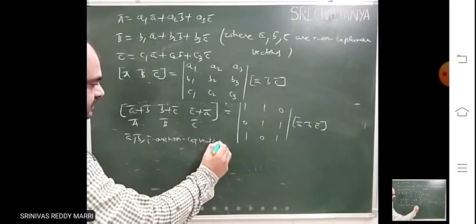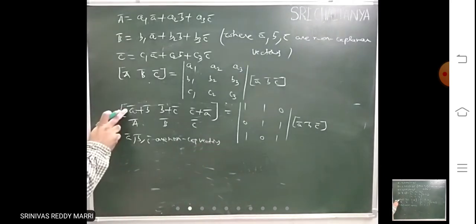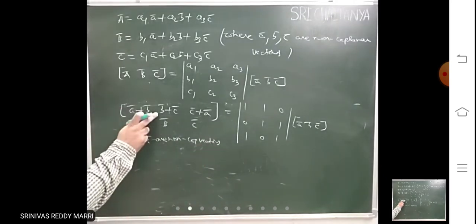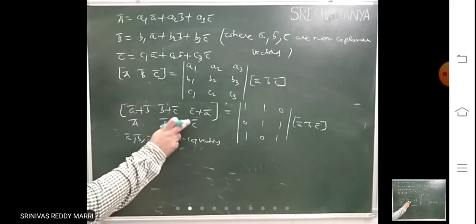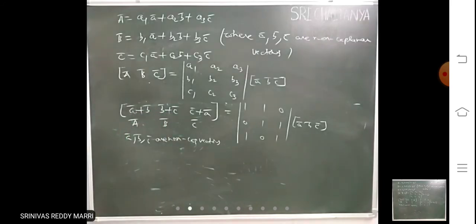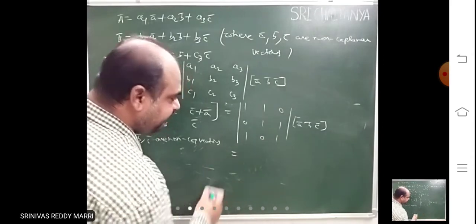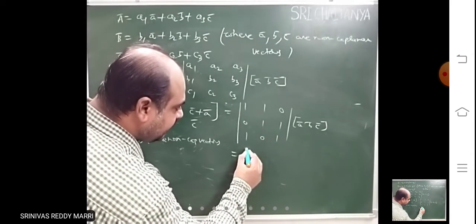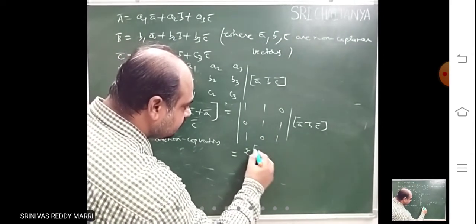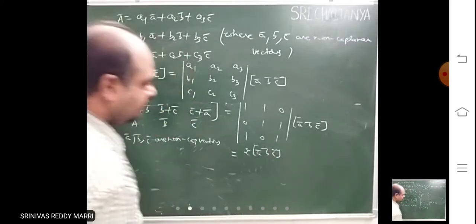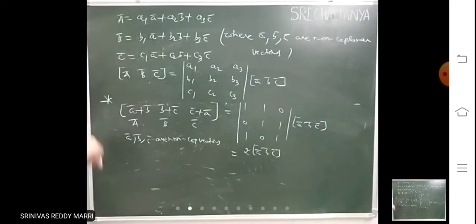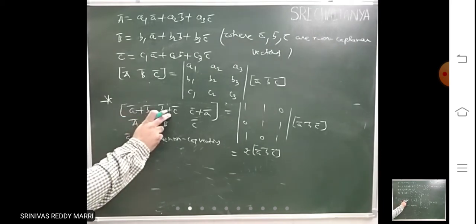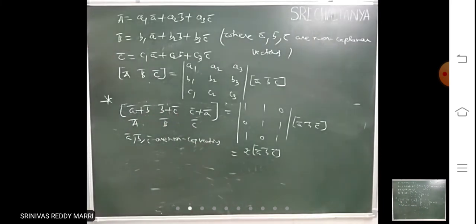That means each is expressed in A bar, B bar, C bar, so in that case, into box A, B, C. If you calculate this value, you will get 2. So remember this formula: whenever you get box of A plus B, B plus C, C plus A, you write the formula 2 into box of A, B, C.